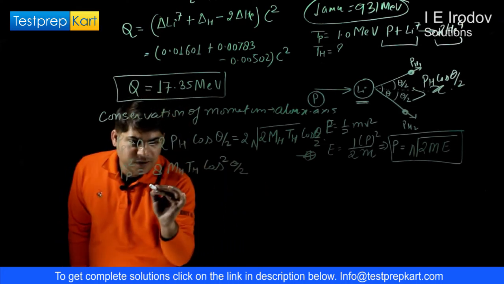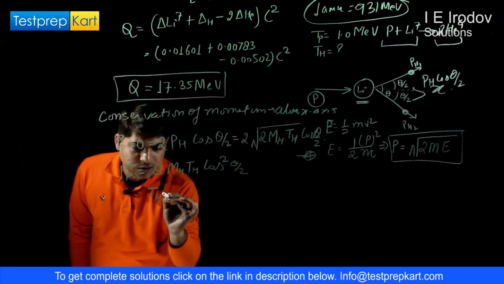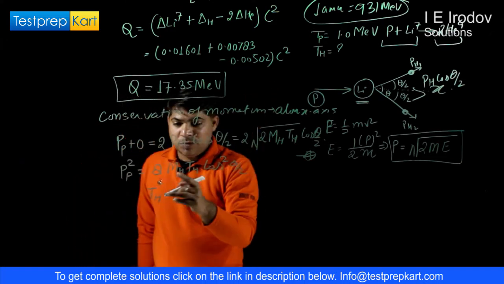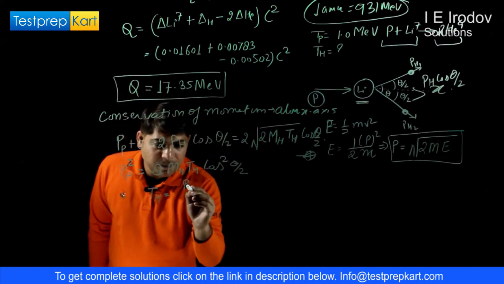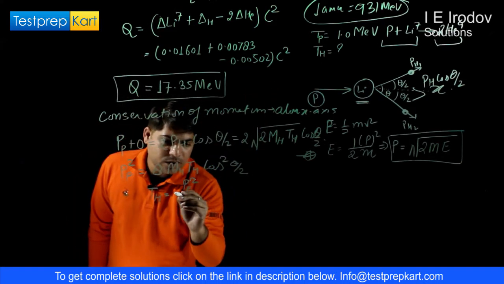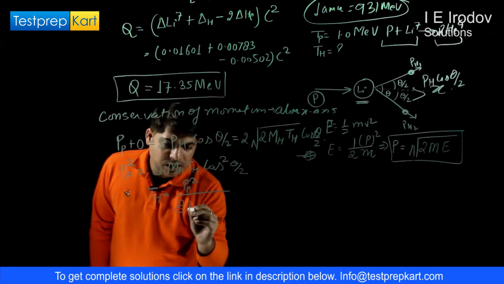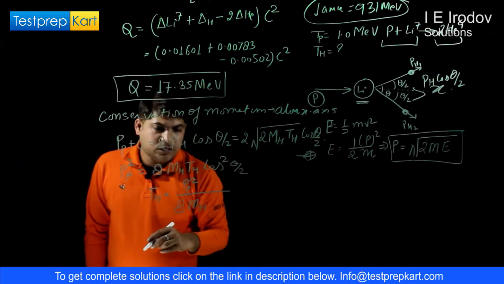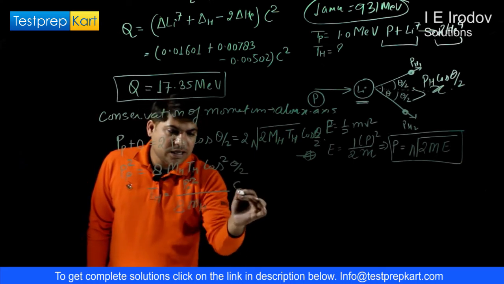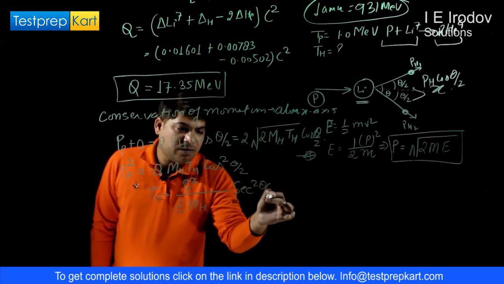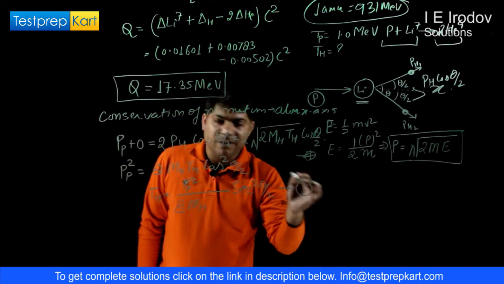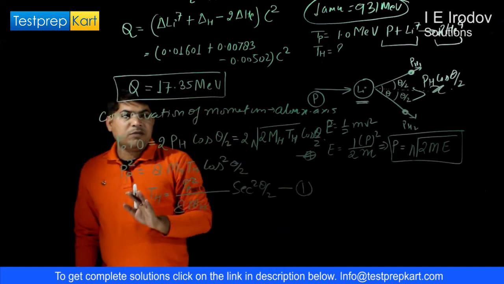From here we may write TH, the energy of helium, whose expression we want to calculate, as PP square upon 8 mH into sec square theta by 2. This is one equation we have got from conservation of momentum.